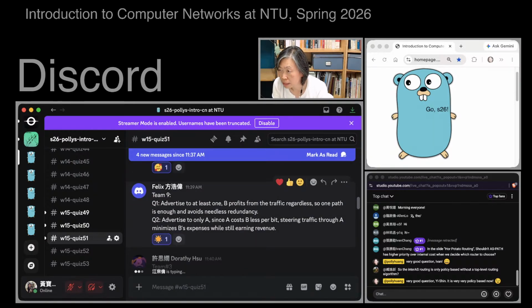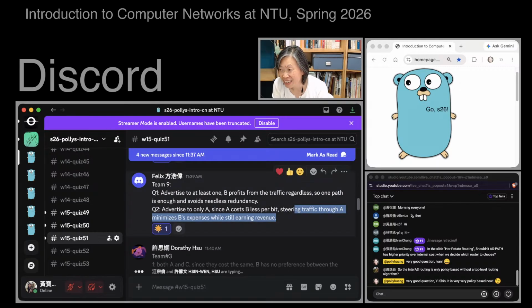All right, advertise at least one. Okay, so this is the minimum requirement. Advertise only to A since A costs less, right? And steering traffic through A minimizes B's expense.